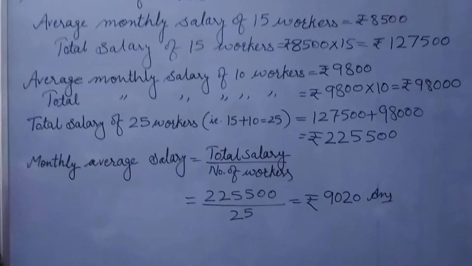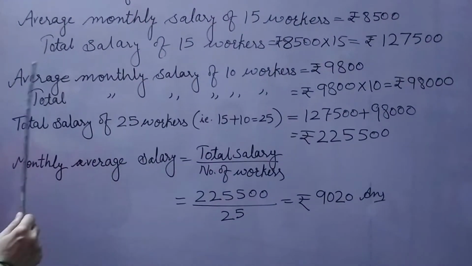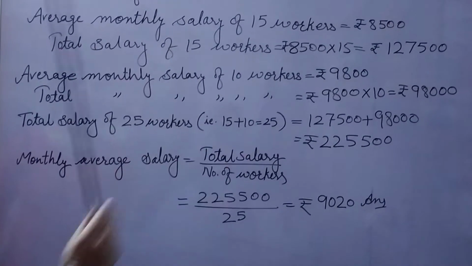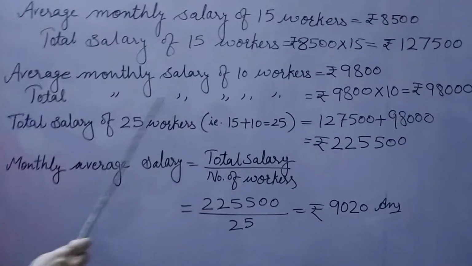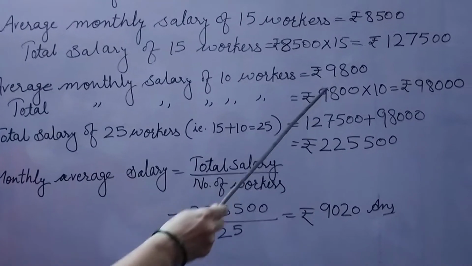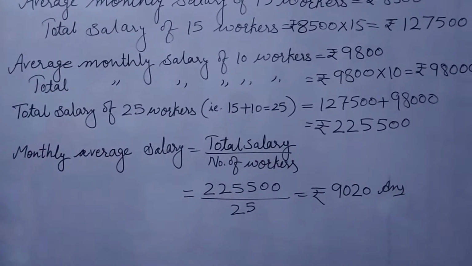It is given that out of 25, the next 10 workers have average salary of rupees 9,800. Okay, we can find total salary of 10 workers by multiplying these two. Clear? We will multiply these two, we will get this 98,000.